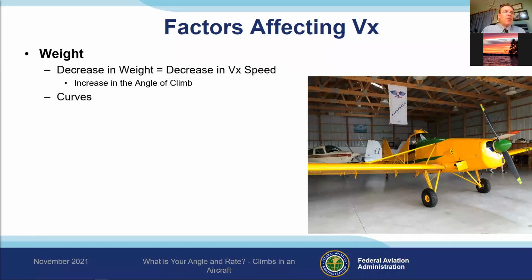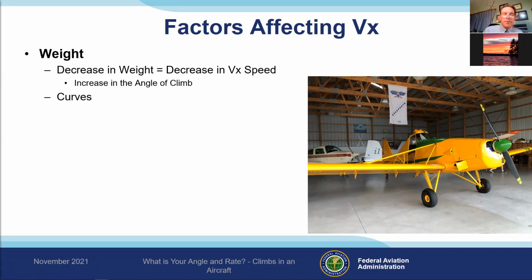And we'll look at detail on these things here, but weight: if we're taking off at less than maximum weight, we're almost always going to see that our VX speed, indicated airspeed, decreases. Also, what we're going to tend to see is an increase, like in this Piper Pawnee, in the angle of our climb.